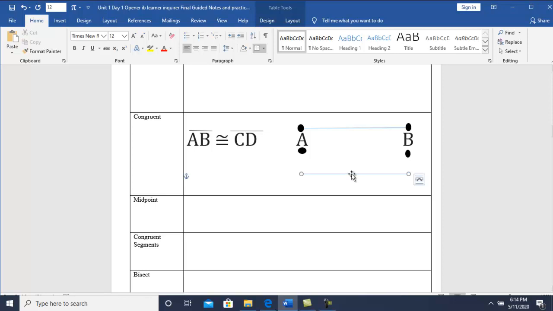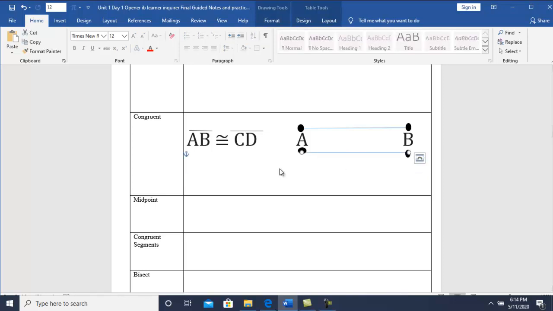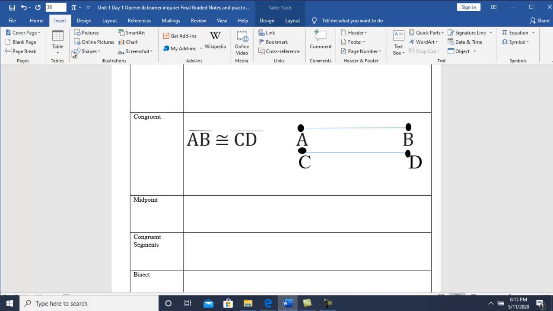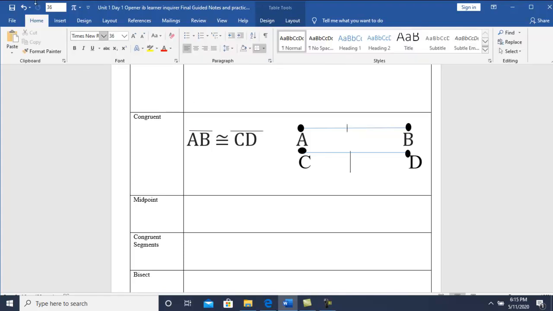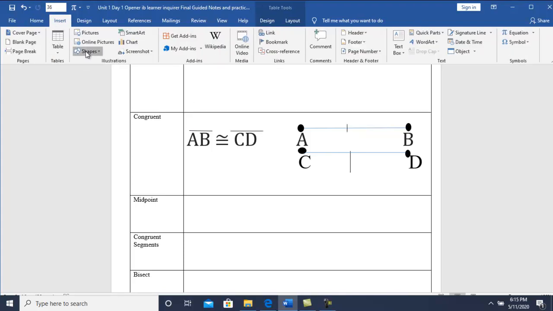And move this up here. And then this would be C, and that would be D. So these are two line segments that are the same length and same size. Now, a notation I'm going to put on there, I'll put a little marking here, and I'm going to put another marking, one more, here.